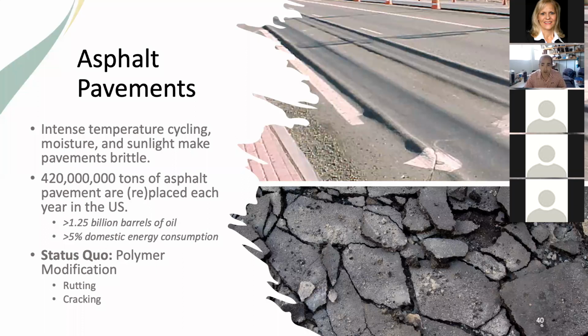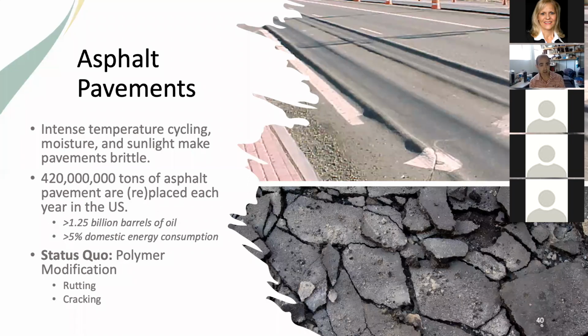Over time, that investment is going to deteriorate. Intense temperature cycles, moisture, and sunlight are going to make those pavements brittle, and ultimately they're going to fail and need to be replaced. And to the tune of about 420 tons of asphalt pavement that are used each year in the US.